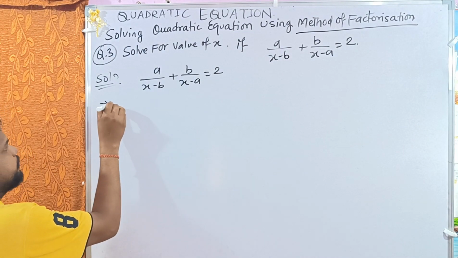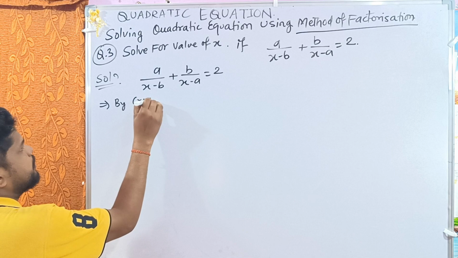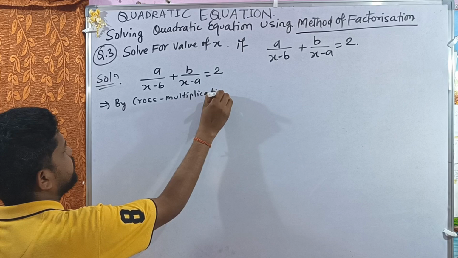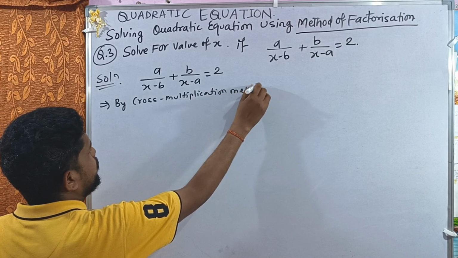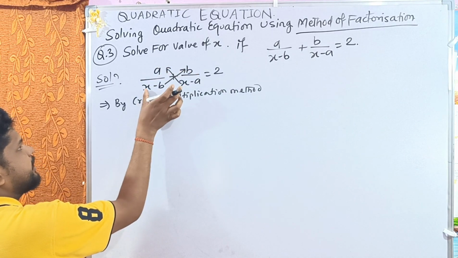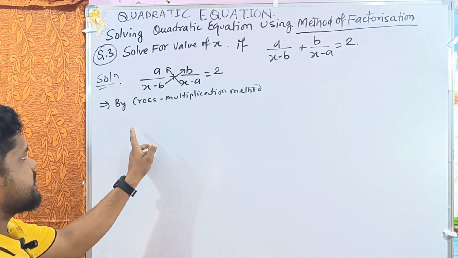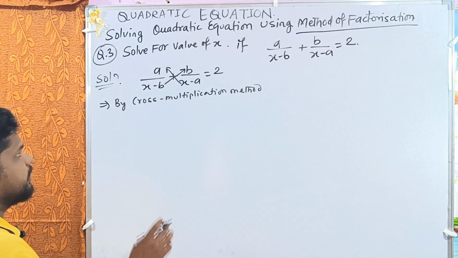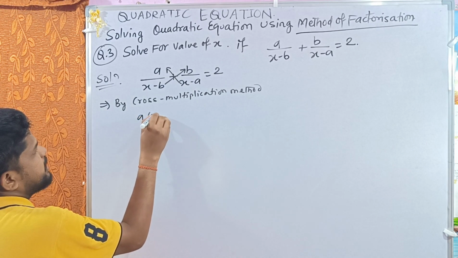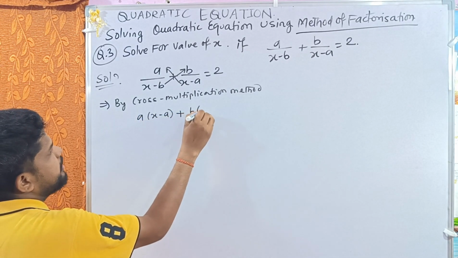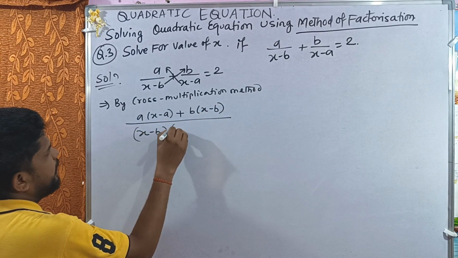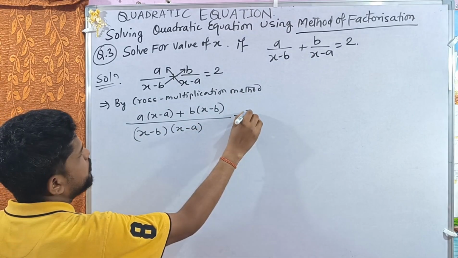So by using the cross multiplication method, we all know that this will multiply with this, this will multiply with this, and their denominators get multiplied as a product in the resultant denominator. So this can be written as a into x minus b plus b into x minus a, whole divided by x minus a and x minus b, which is equal to 2.